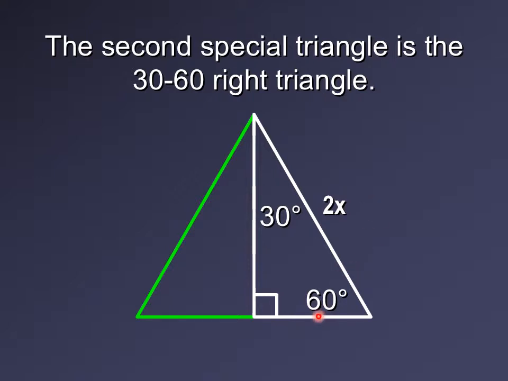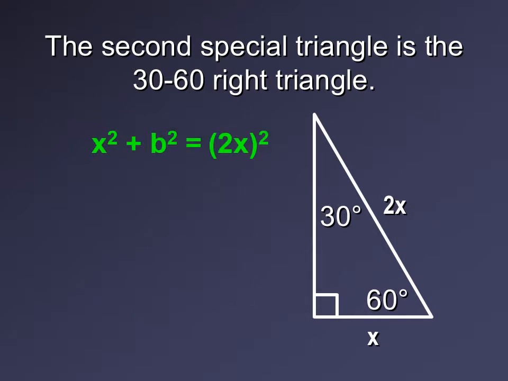And if this is x, that means this is x. So the whole length is 2x. And this makes up a whole length, which means this is 2x. So x, 2x. Now we just need to figure out what this length is. We can use our Pythagorean theorem to figure out that length.